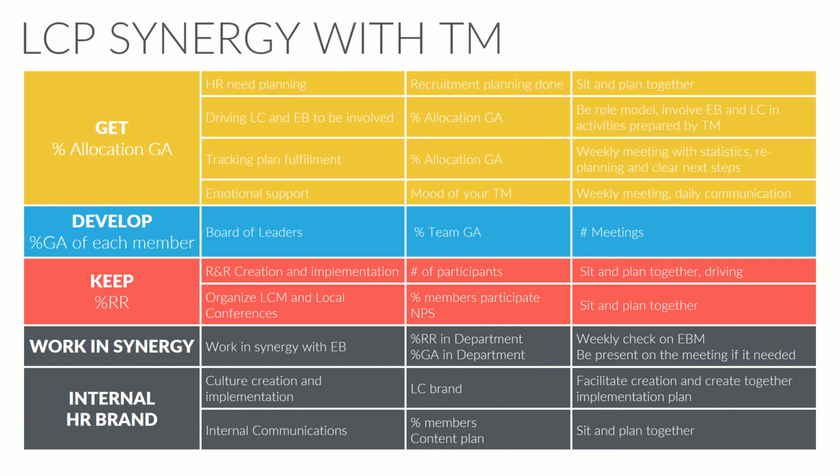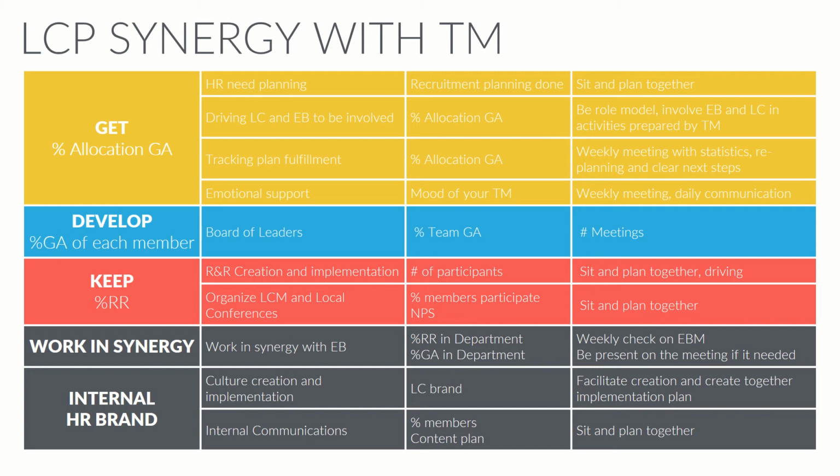Not like we are together doing the agenda, no. One person is fully responsible for the agenda, for tracking EB to be 100% prepared and so on. And you can be responsible for some sessions or for tracking EB, for example. You need to understand, okay, what needs to be done, who will be responsible for what.